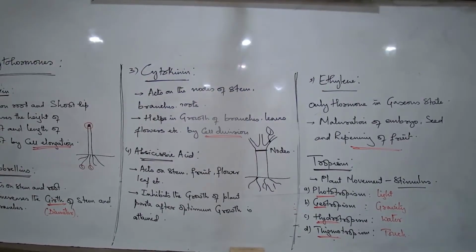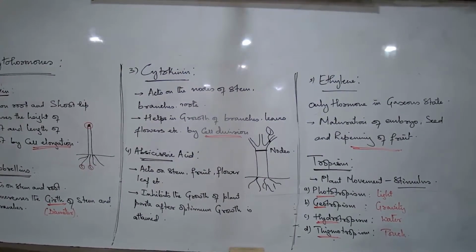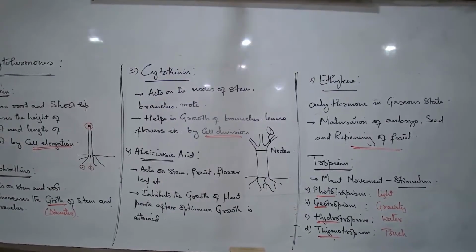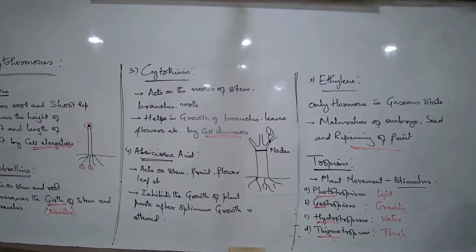So the plant is responding to the light, but along with this, is the plant growing also? The plant is growing. Now is this growth temporary or permanent? Permanent. Suppose I observe a plant for 2 months growing towards the source of light, sunlight.